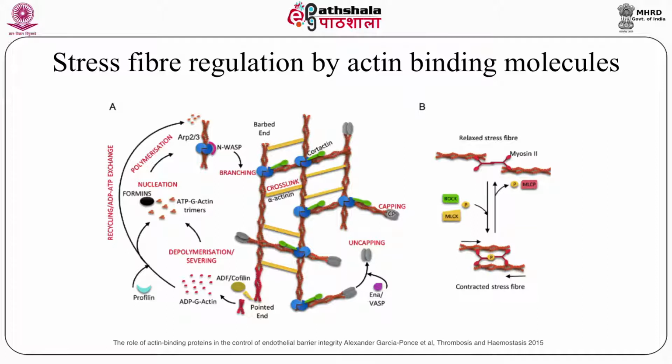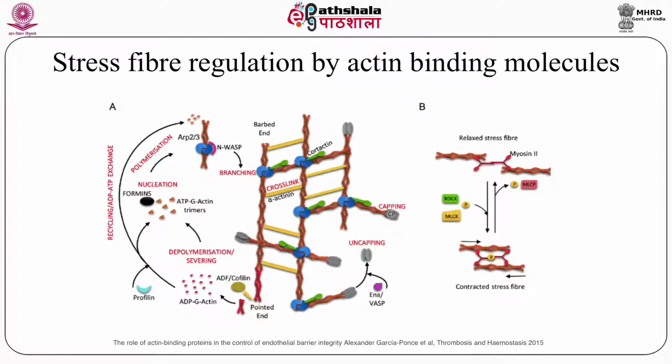This protein binds to and removes G-actin monomers and serves as an actin depolymerization factor. Actin monomers are recycled after depolymerization of filaments to be reused for filament reformation. Another protein, profilin, is responsible for delivery of actin monomers. You can also appreciate CP, or the capping protein, in this picture.